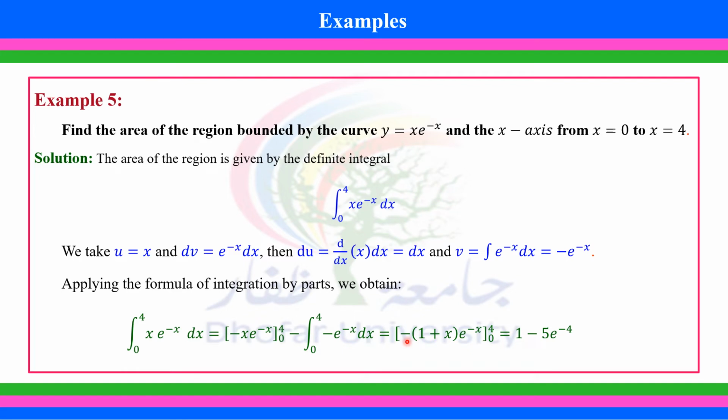So we obtain negative 1, and we have a minus because 0 is at the lower limit of integration. So minus minus 1 is positive 1, giving this term here. So the area between this curve and the x-axis is 1 minus 5 e power minus 4.